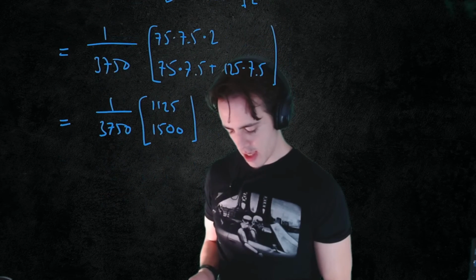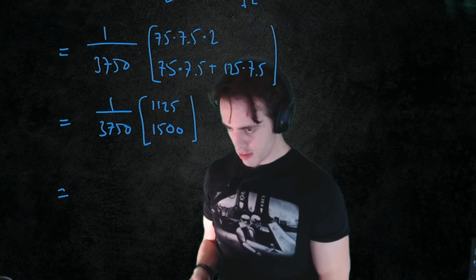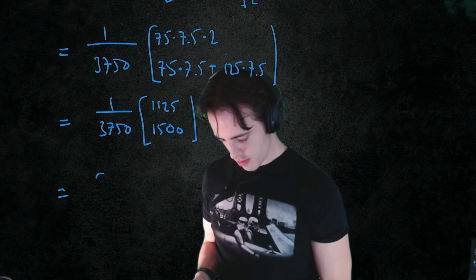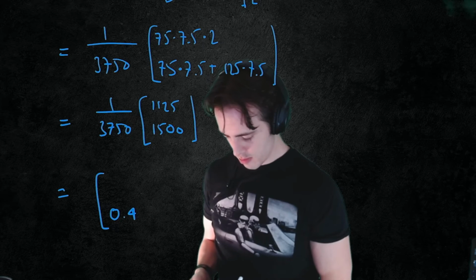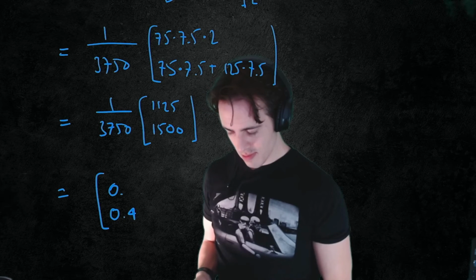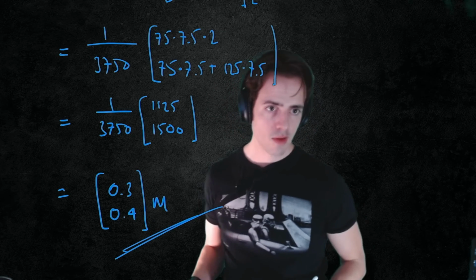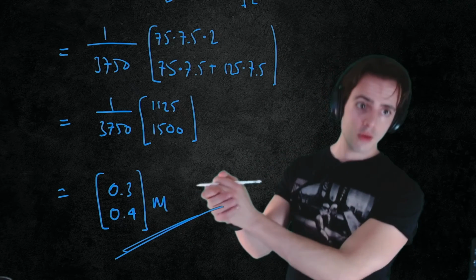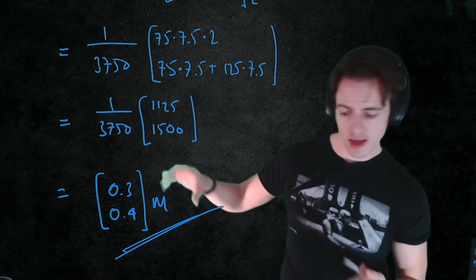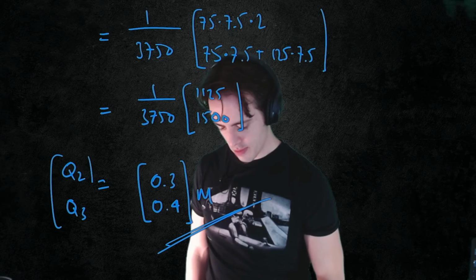Okay, and then if I do the division, okay, so as long as the forces were in newtons and the stiffnesses are in pascals, the answer we get out is in SI units, has to be in meters. So these are the displacements Q2 and Q3 of our problem.